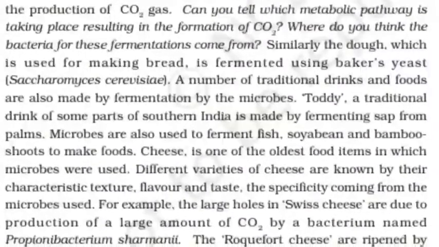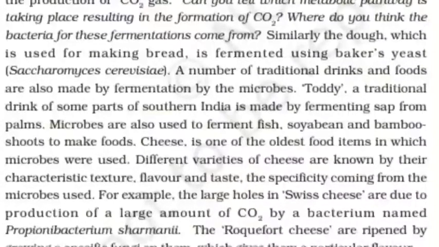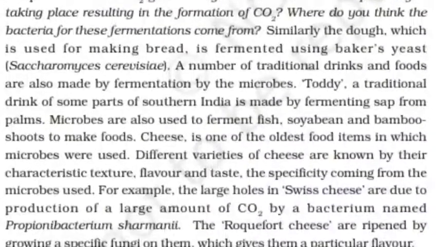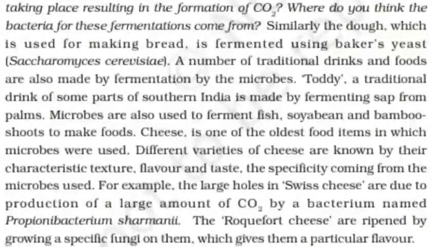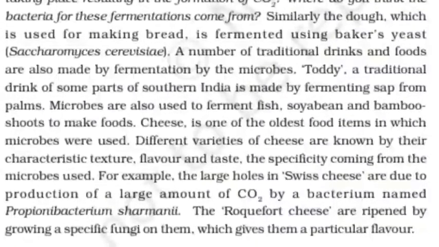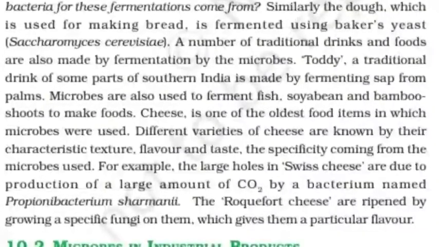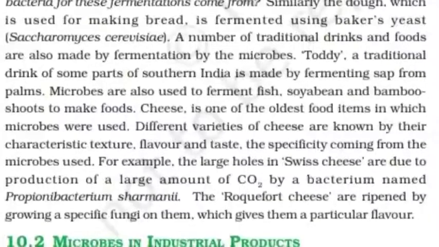Cheese is one of the oldest food items in which microbes were used. Different varieties of cheese are known by their characteristic texture, flavor and taste, the specificity coming from the microbes used.